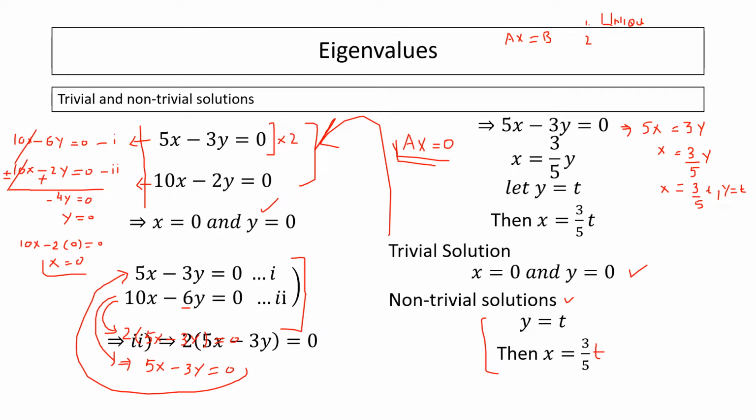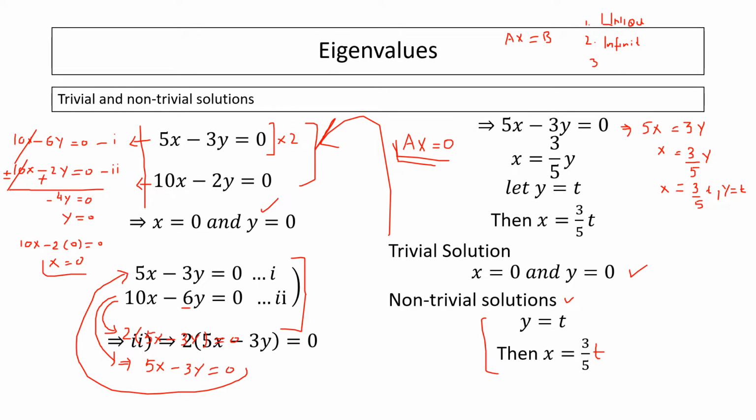Number two were infinite number of solutions. I explained this early in the previous video.